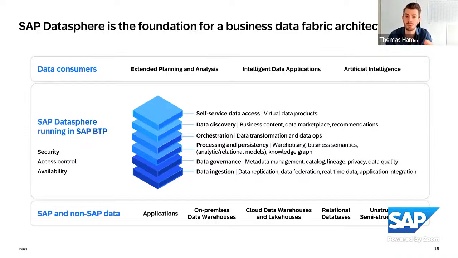So imagine data also flowing back into applications as you want to make use of all these semantical structures that you've just generated, or eventually even, you want to make use of this data in artificial intelligence use cases.